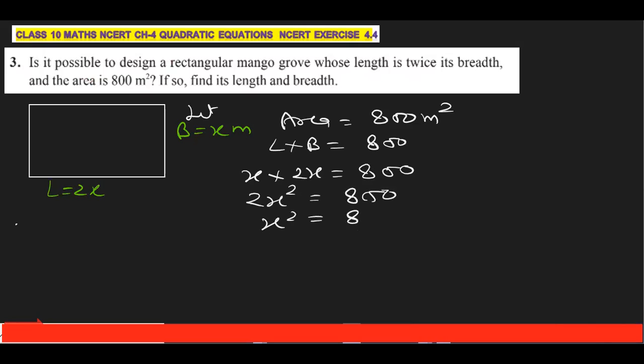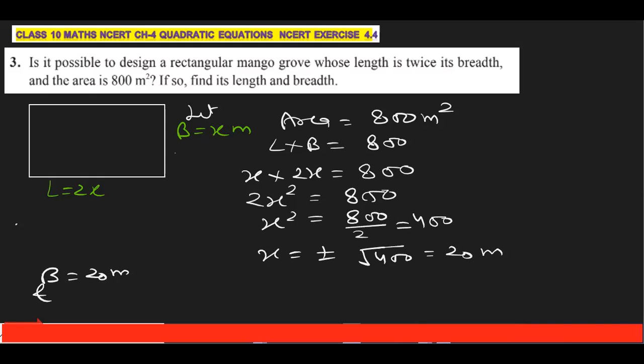X square is 1800 upon 2, that is 900 meter square. So x can be written as square root of plus minus 900, that is 30 meters. So yes, it is possible.